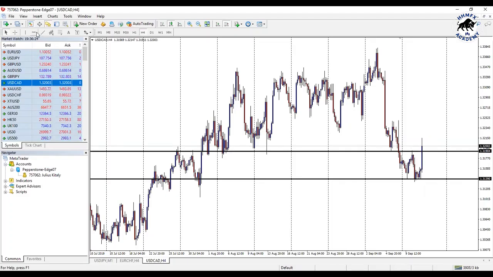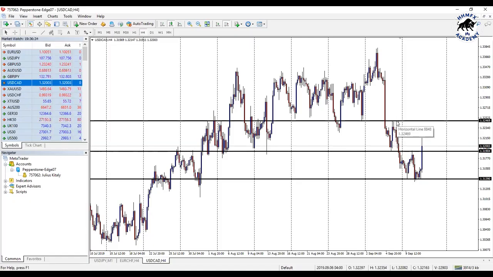If we keep drawing, we take a horizontal line and find another rejection somewhere above it. We find another rejection here. This is a resistance. Why? Because we are looking at it from the bottom. If we're looking at it from the bottom, it is a resistance. But if we're looking at it from the top, it is a support.